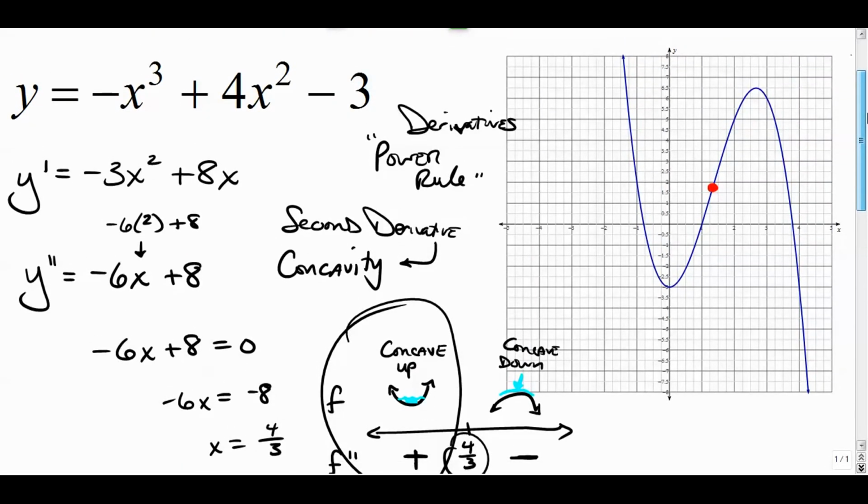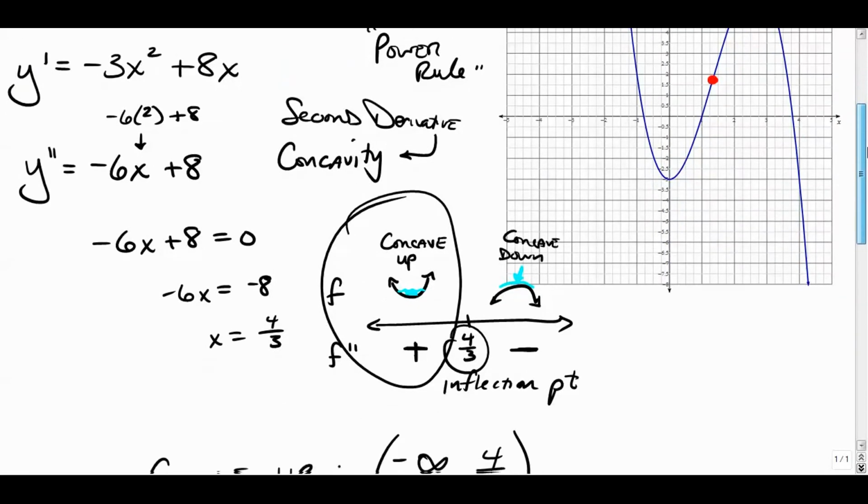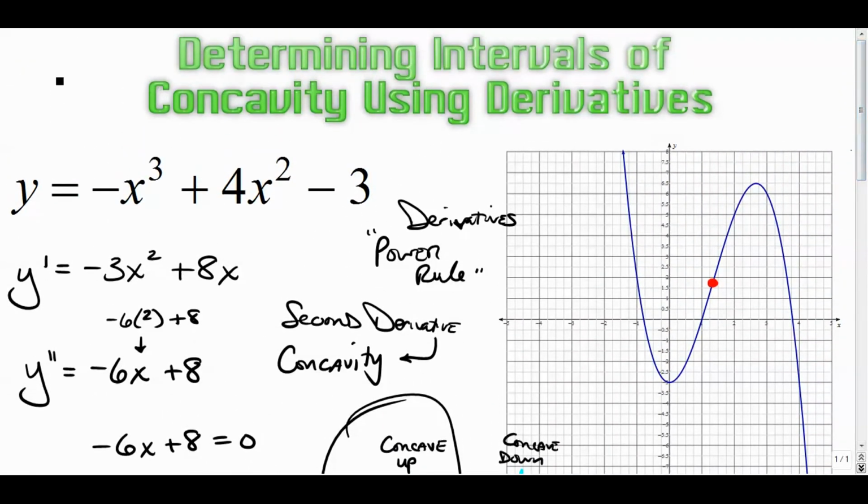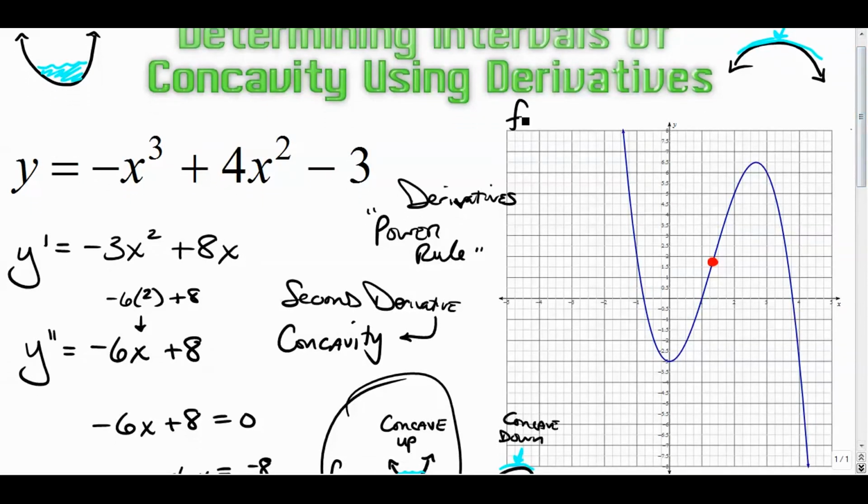So there you go, a really quick little 6.5-minute video on concavity. I'm sure you'll probably find better diagrams out there to describe what concavity means in the first place, but again, I think about it as, you either hold water or you don't hold water. If you hold water, you're concave up. If you can't hold water, you're concave down. Pretty easy, I think. And this is all about the second derivative.